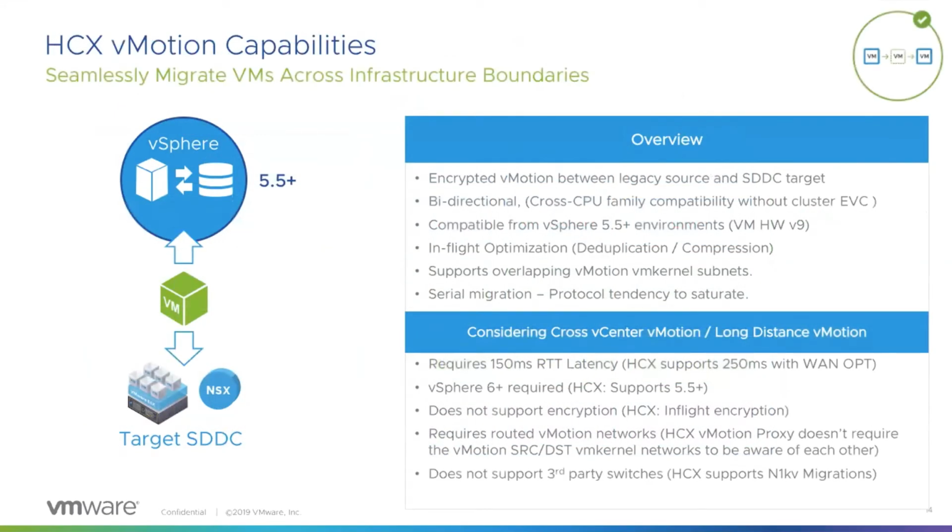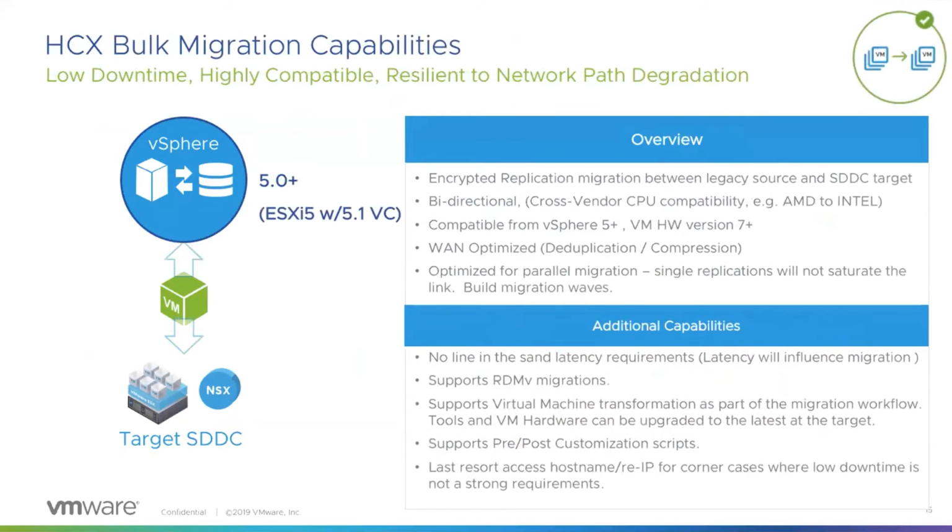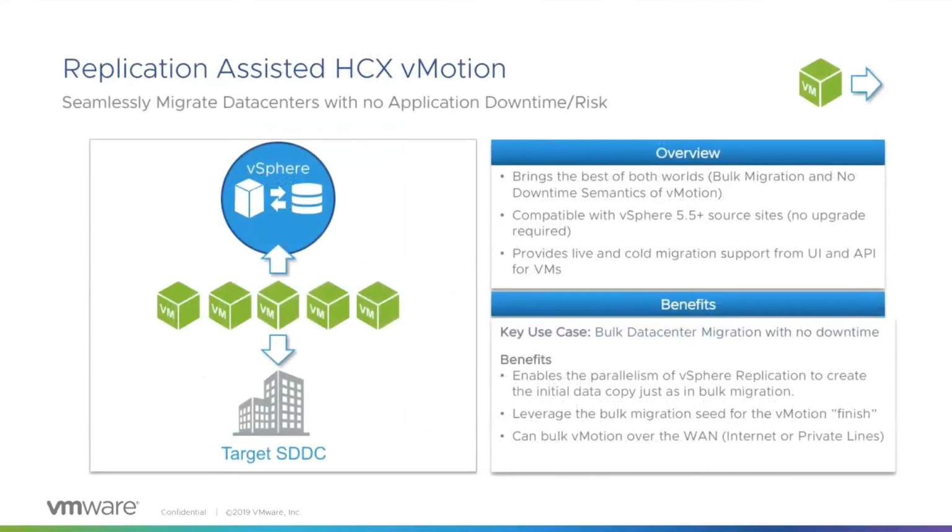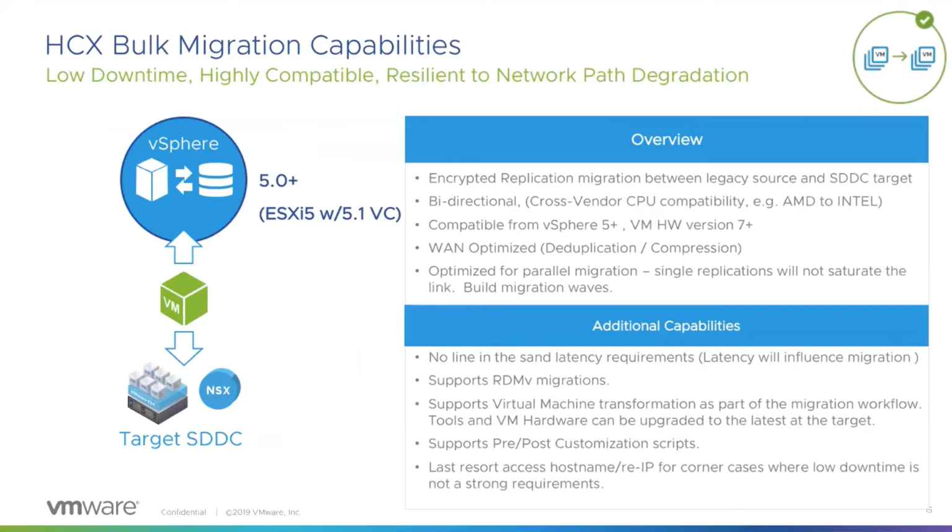There is no expected downtime during replication assisted vMotion. Now these capabilities, HCX vMotion and HCX bulk migration, as well as replication assisted vMotion, there are 3 slides on this that primarily talk about what the requirements are, like what versions and what hardware versions are needed for the functionality to be used. Again, do bear in mind that it is no magic. We cannot migrate from AMD to Intel in any way.